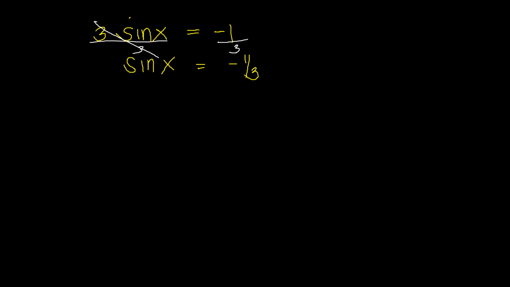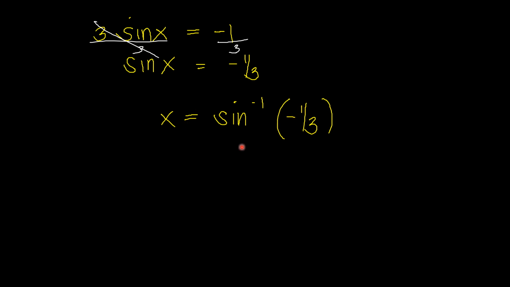Another is if you have 3 sine x is equal to -1 and we're solving for x. Therefore we have sine x is equal to -1/3, if we divide both sides by 3 to cancel this 3. Therefore, x is equal to arcsine of -1/3. Take note, you need to enclose it in parentheses because of this negative sign to avoid confusion.